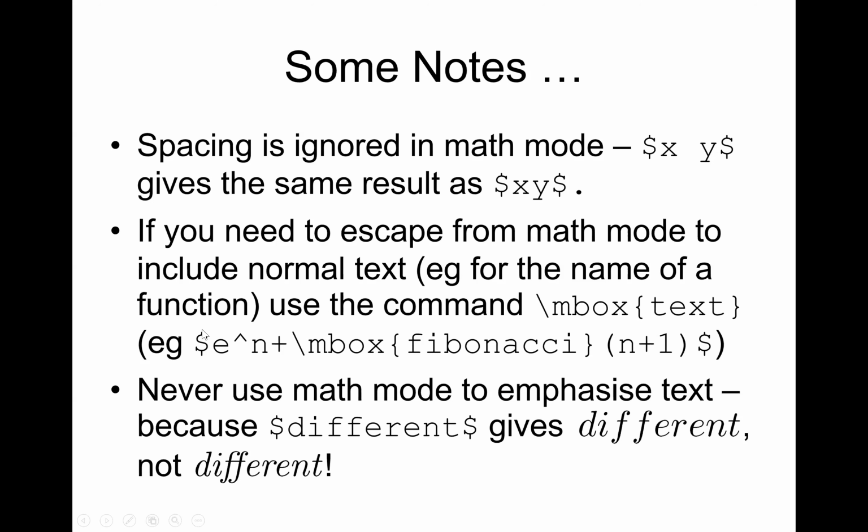For example, you have a dollar and an ending dollar, meaning this is inline. So exponent plus mbox Fibonacci, so it means this Fibonacci will not have the format of equation mode.